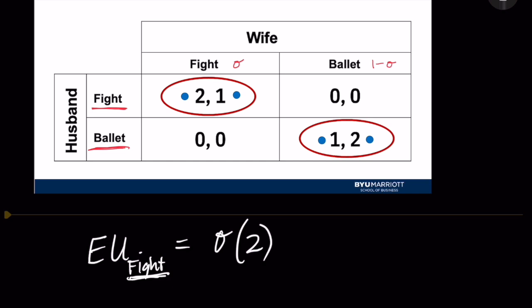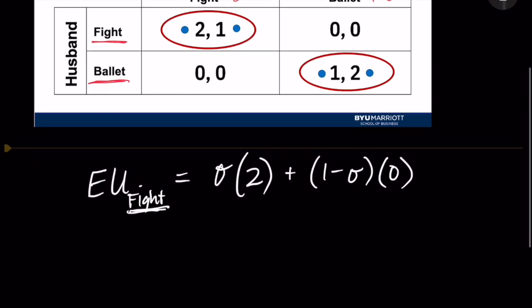Plus the probability that the wife chooses ballet, which is 1 minus sigma, times the payout if the wife chooses ballet, which in this case would be 0. Now we've got a formula that shows the expected utility, the average utility if we were to play this 100 times, if I, as the husband, always chose fight.